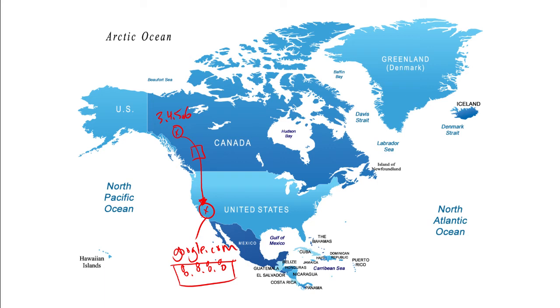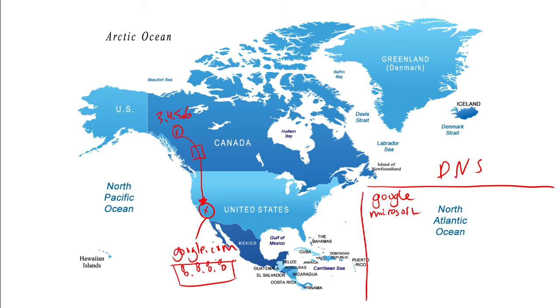So there's a massive phone directory called the DNS, and it's got Google, Microsoft, and it goes on forever. Every single website. And there's a bunch of main DNS servers.